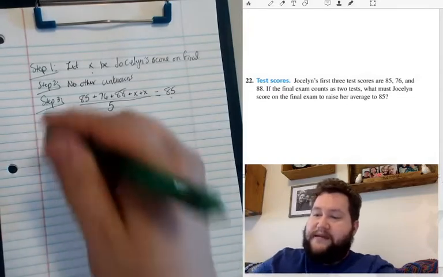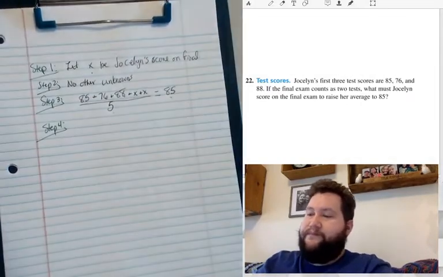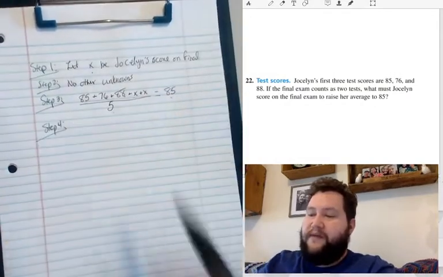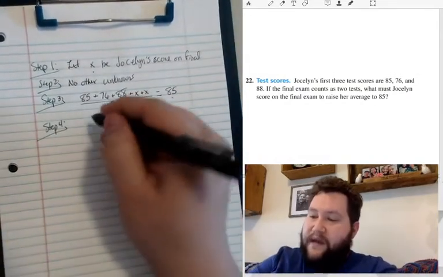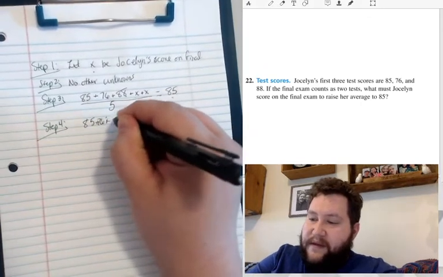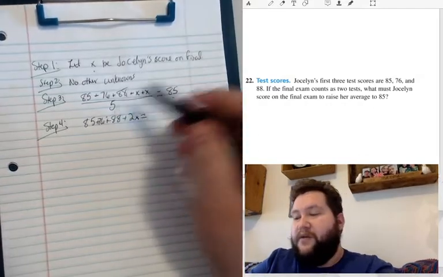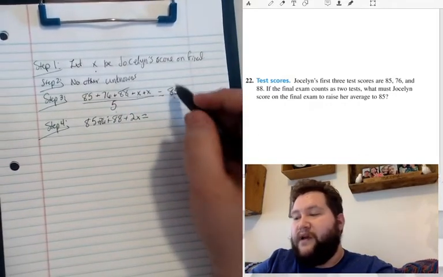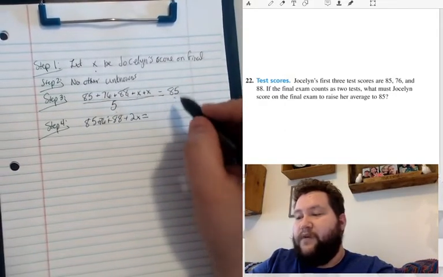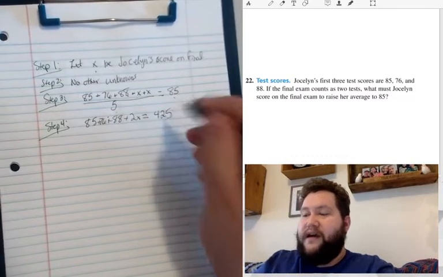Step 4 then is solve. You can multiply both sides by 5. So we get 85 plus 76 plus 88 plus 2x. Simplify that. Multiply both sides by 5. We're going to get 85 times 5, which is 400 plus 25, 425.